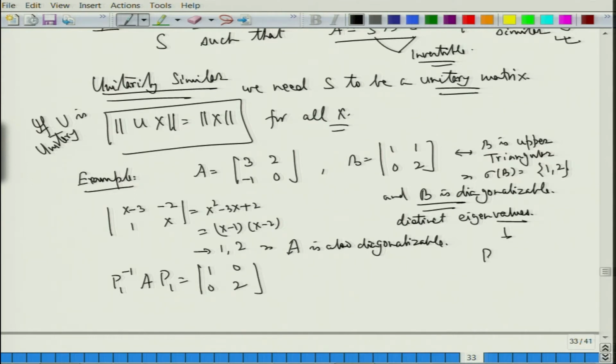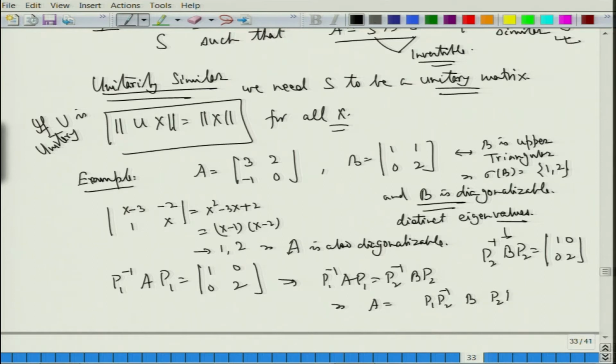For B, P2 inverse B P2 will also be equal to 1 0 0 2, and therefore I can say that P1 inverse A P1 is equal to P2 inverse B P2, and that will imply that A is equal to P1 P2 inverse B times P2 P1 inverse, which is the same as P2 P1 inverse whole inverse B times P2 P1 inverse, all right. So, A and B are similar, all right.